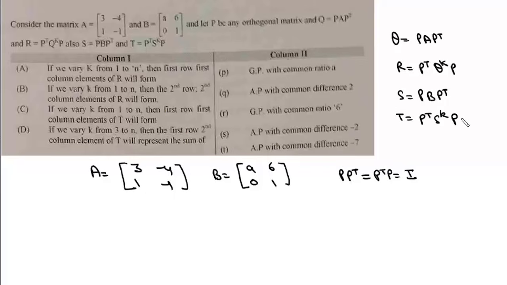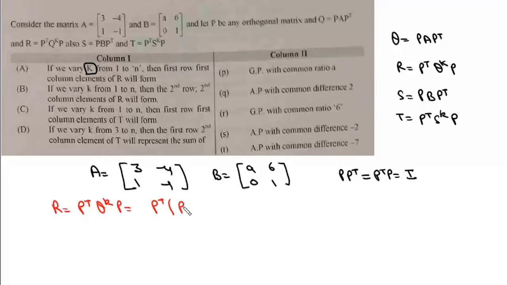Now the first question is, if we vary K from 1 to n, then the first row first column element of R will form what. Now if we look at R, it is actually P transpose Q to the power K into P, which is P transpose.